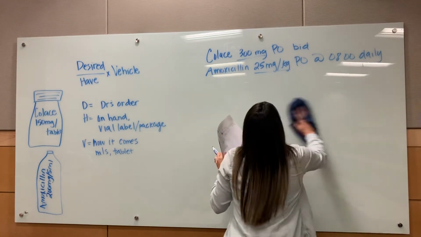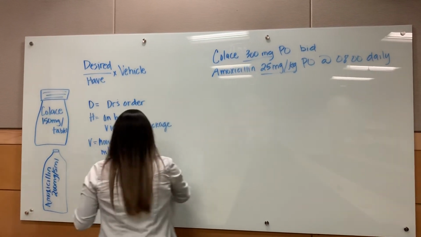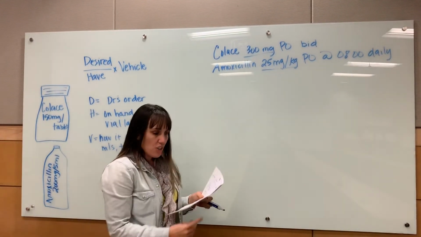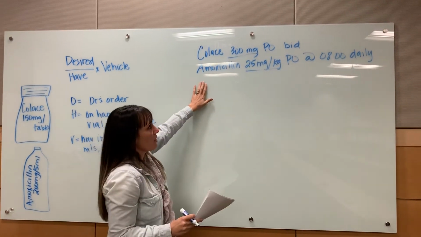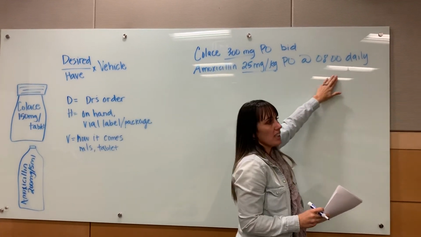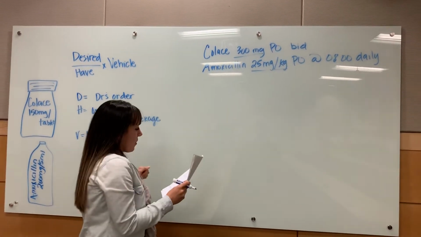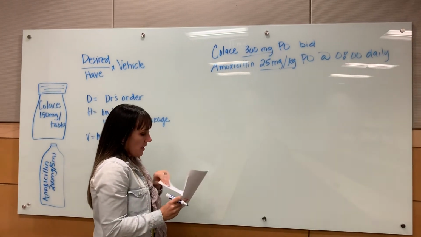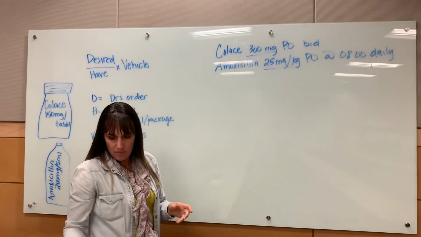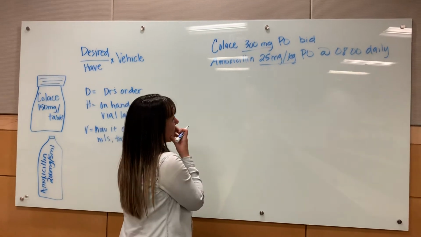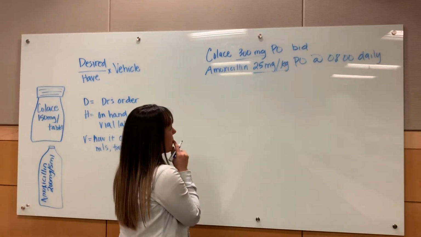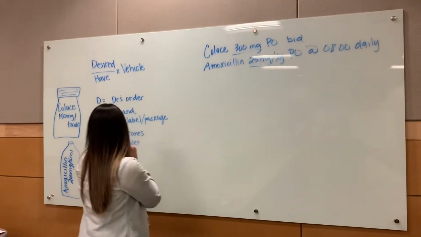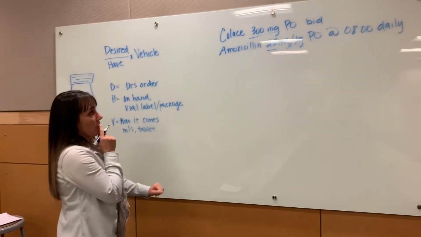Let's move to amoxicillin, because that one's just a little more tricky. Okay, I'm going to show you this in dimensional analysis because there are multiple steps involved in this one. So remember, if we're doing dimensional analysis, we want to think about what we want to end up with, which is how many mils we're going to pull up.